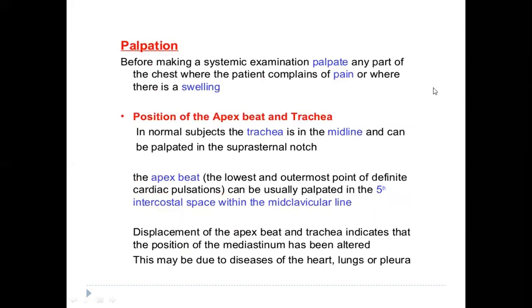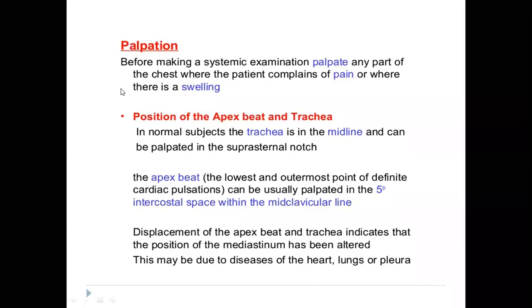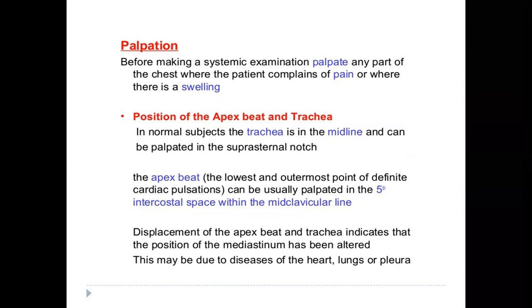Now next we will go for palpation. Palpation means using our thumb to feel, to check for any kind of pain or swelling. For palpation we use our thumb, and we will check for the position of the apex beat and trachea. What happens in normal subjects? Obviously the trachea is in the midline, and it can be palpated in the suprasternal notch.